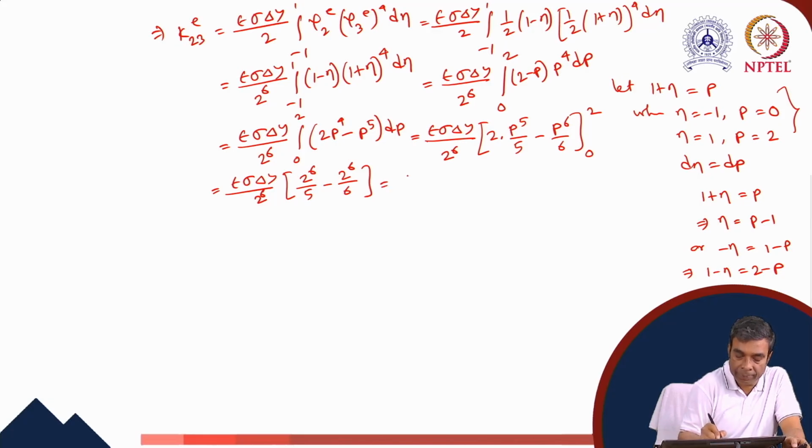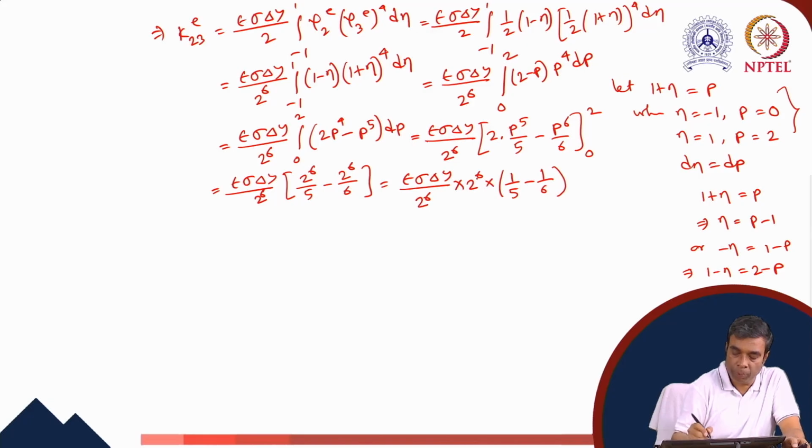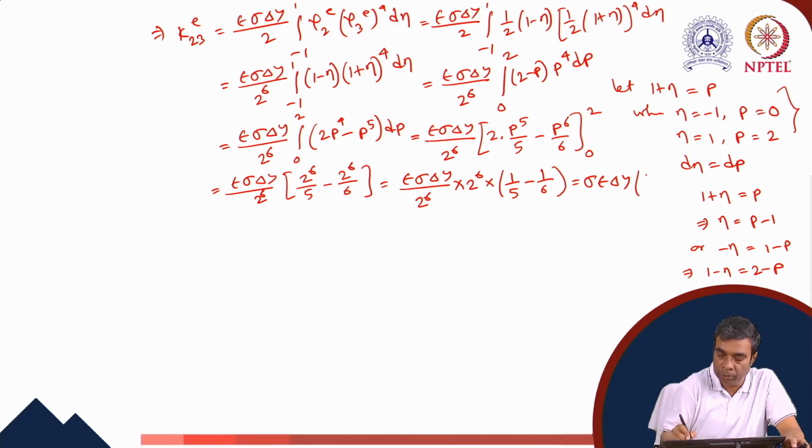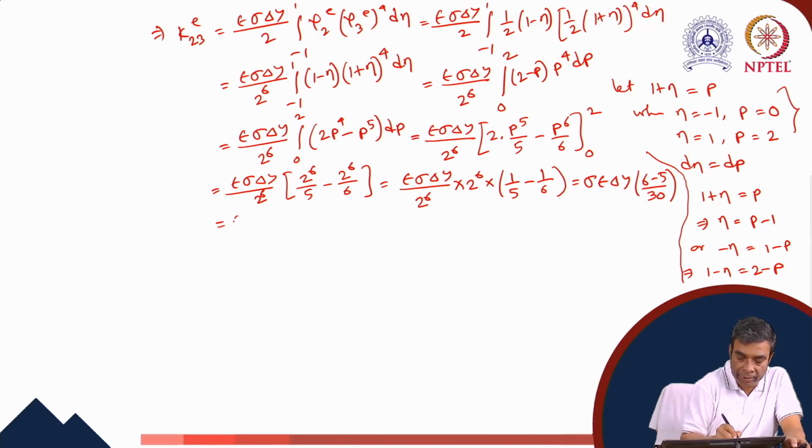So this gives us epsilon sigma delta y by 2 to the power 6 into 2 to the power 6 into 1/5 minus 1/6. So these 2 to the power 6 terms cancel out. 1/5 minus 1/6 gives us 1 by 30. So this is giving us epsilon sigma delta y into 6 minus 5 by 30. So here we get the final version as epsilon sigma delta y divided by 30.